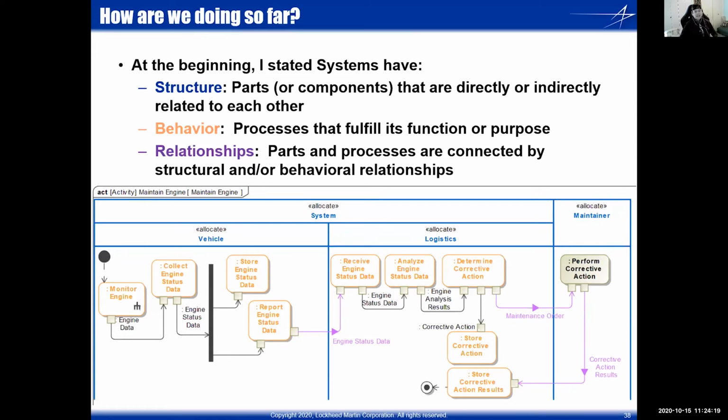And so one of the things I like about modeling is that it always matches. If you decide this function isn't just good for the vehicle, that there's something else that could use a collect engine status, or I built one kind of car and now I'm going to build another kind of car and reuse that function, I can just use it again. I don't have to define it all over.